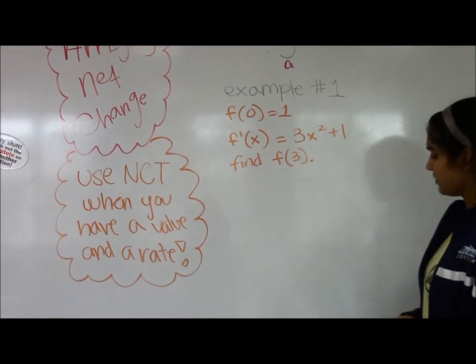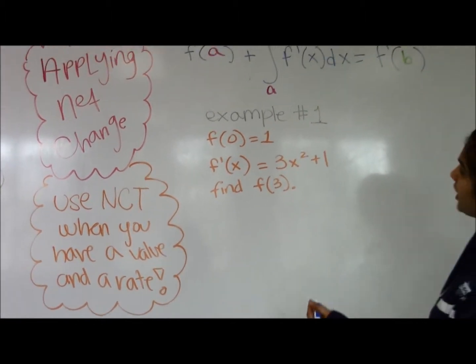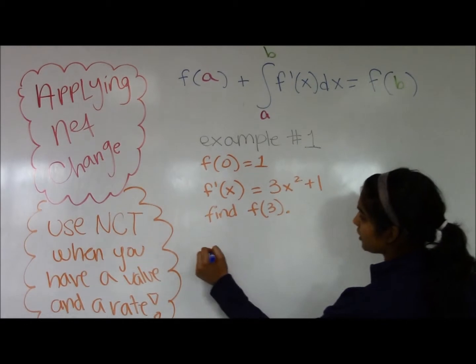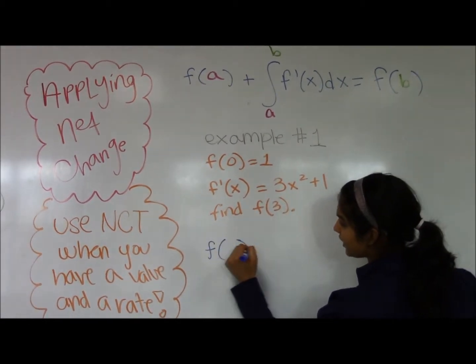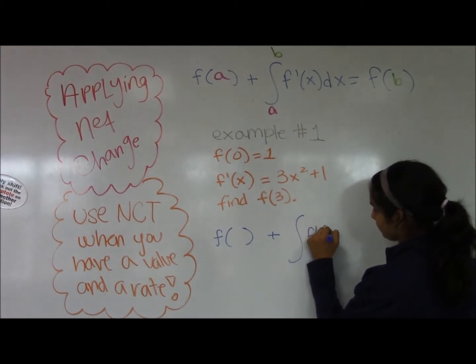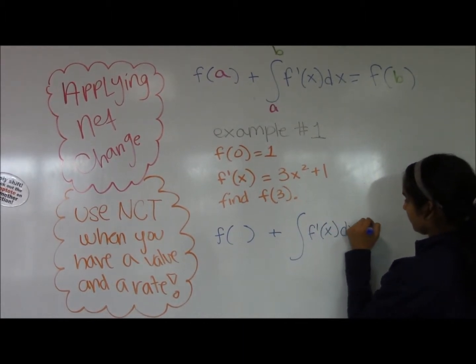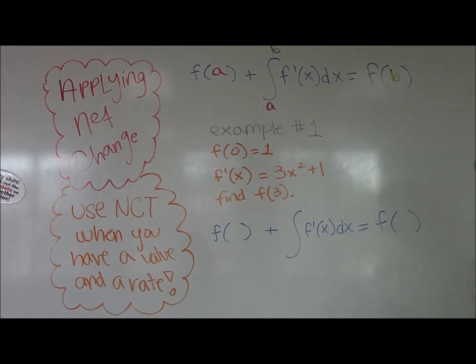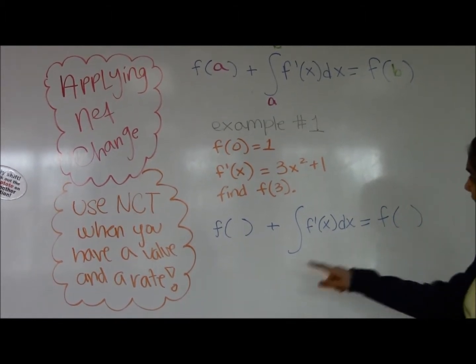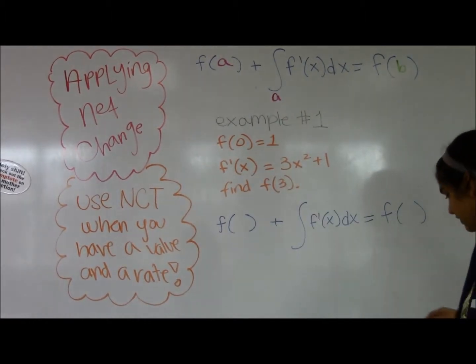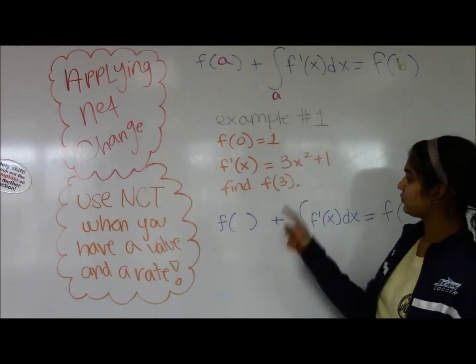And so you set up the equation as shown above, but you leave space for the a, the b, and the f prime of x. So you would have f, and we'll fill that in later. Since you know that your a value is the initial value, it's the one you're given. So f of 0 equals 1.